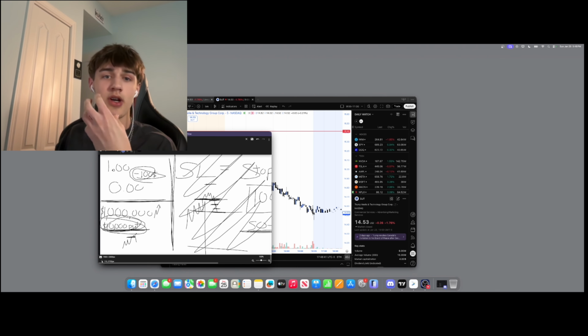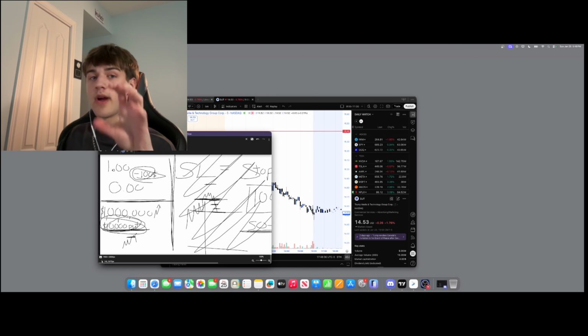Now the retail trader like myself and probably you, we're going to use options as the vehicle of investment, right? So it's a completely different way to look at it. So we're using options as the vehicle and not as a hedge, right?